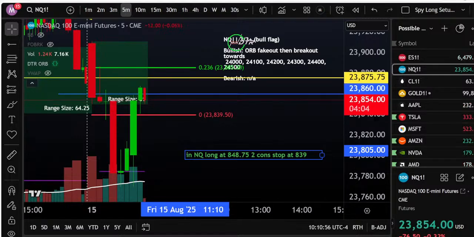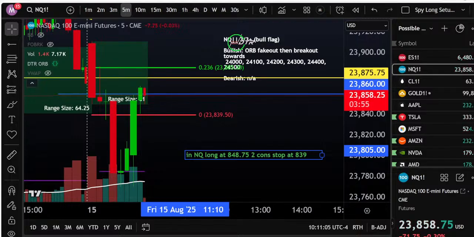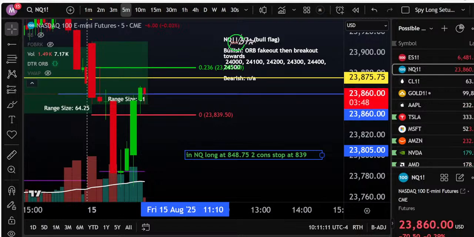So I don't have a ton of reason to say that my idea is wrong or that the breakout has failed. I kind of have to hang tough here a little bit. Let's see if I can be vindicated for that patience.